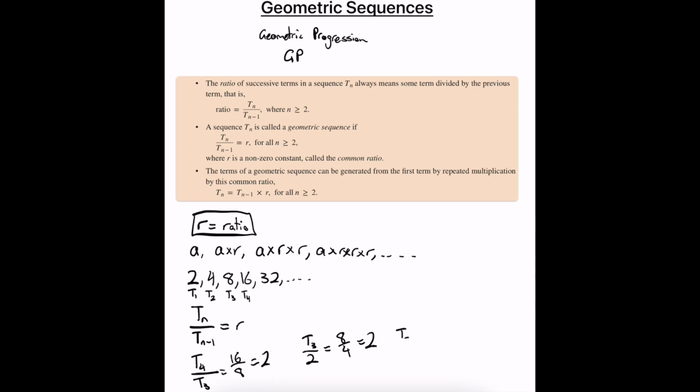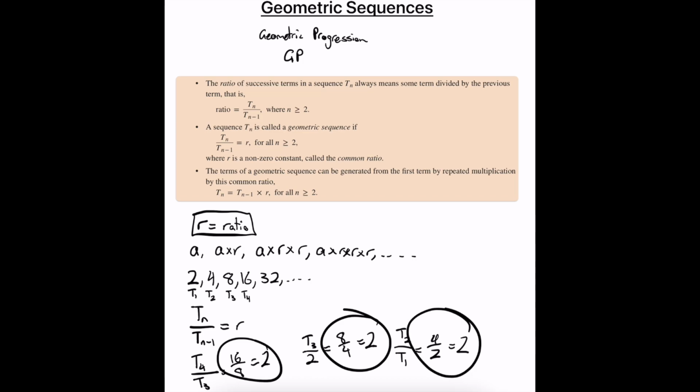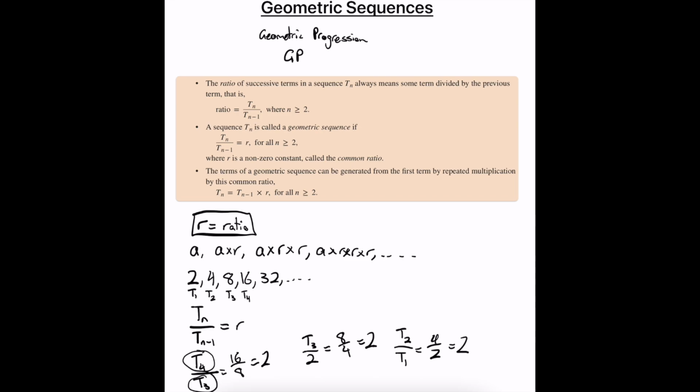Or we can say that T2 over T1 is equal to 4 over 2, which is also equal to 2. So we can see that the ratio remains consistent when we are dividing one term by the term that's previous to it.